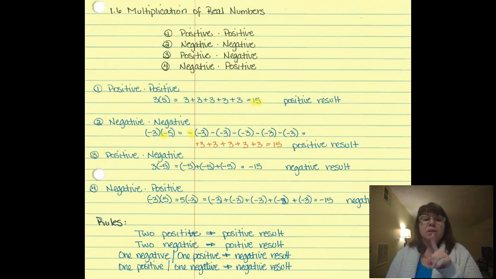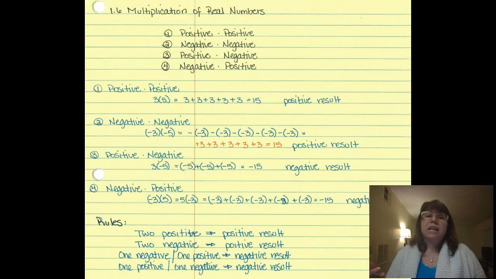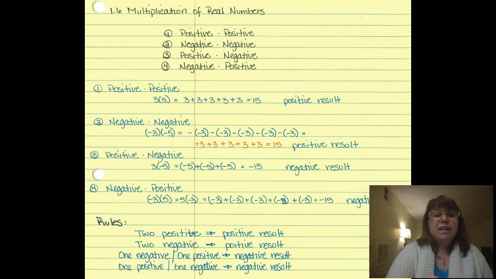Now the first option, the positive times the positive, is pretty straightforward to explain. If you remember, multiplication is the shorthand of addition. So 3 times 5 means 3 plus 3 plus 3 plus 3 plus 3.